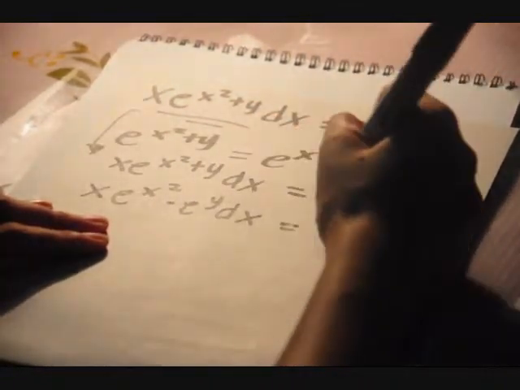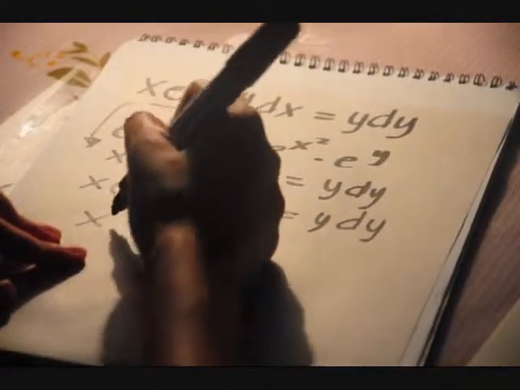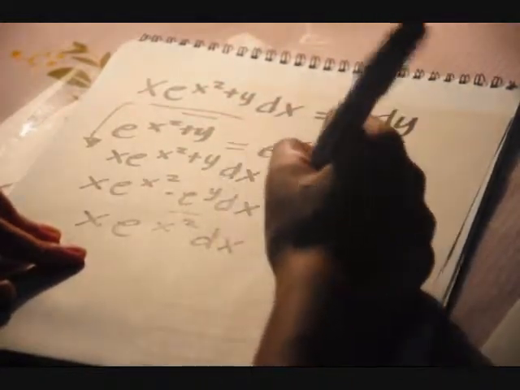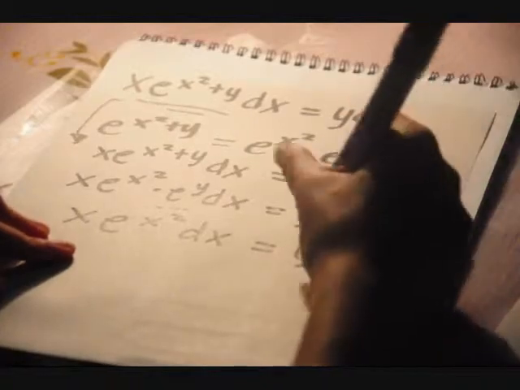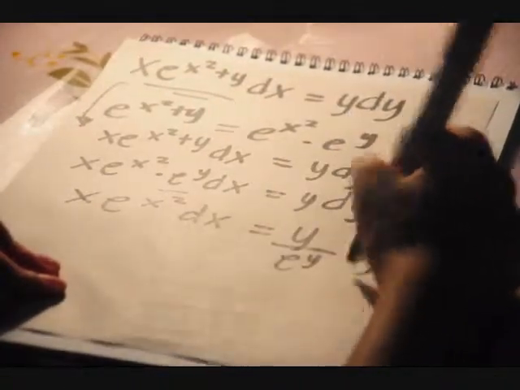So this equation will now become x e raised to x squared times e raised to y dx equal to y dy. Dividing both sides by e raised to y, we have now x e raised to x squared dx equal to y over e raised to y dy.